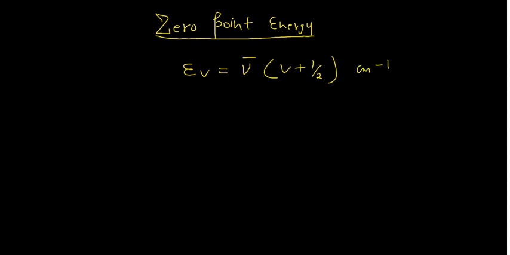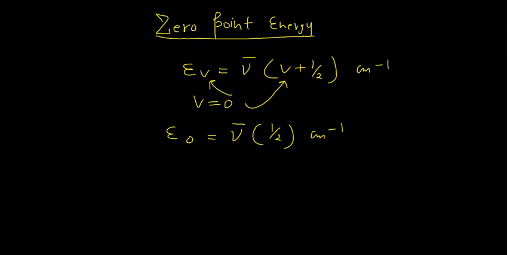What you can do is put v equals 0. So definitely here you will get the 0, and here also you will get 0. So you will get epsilon 0 equals nu bar multiplied by half, and the unit is centimeter inverse. That means epsilon 0 equals 1 by 2 of nu bar centimeter inverse.